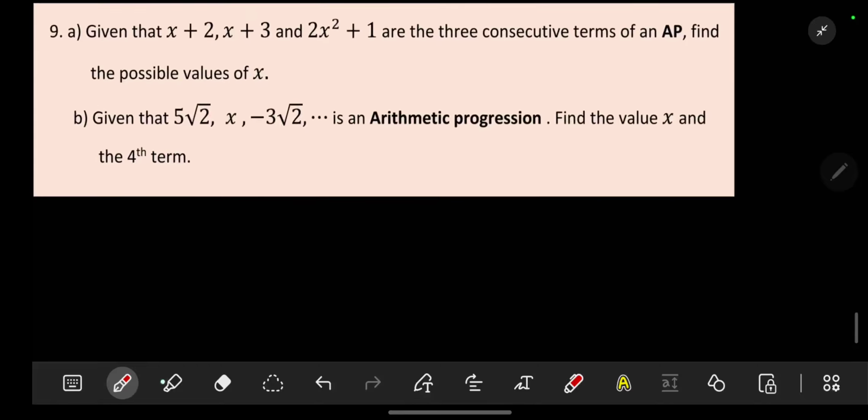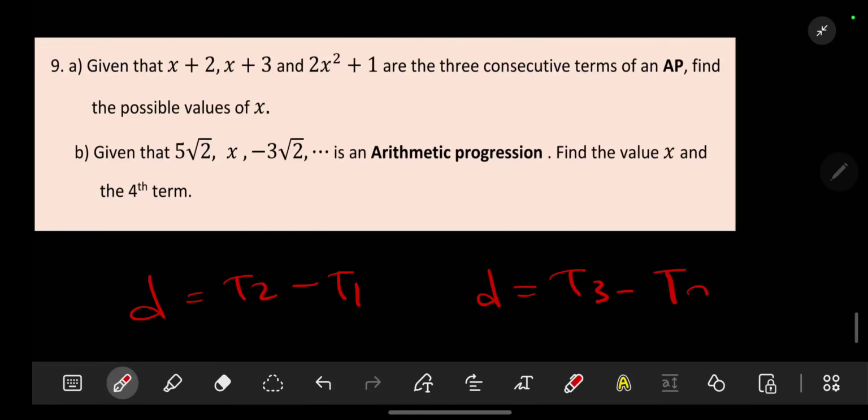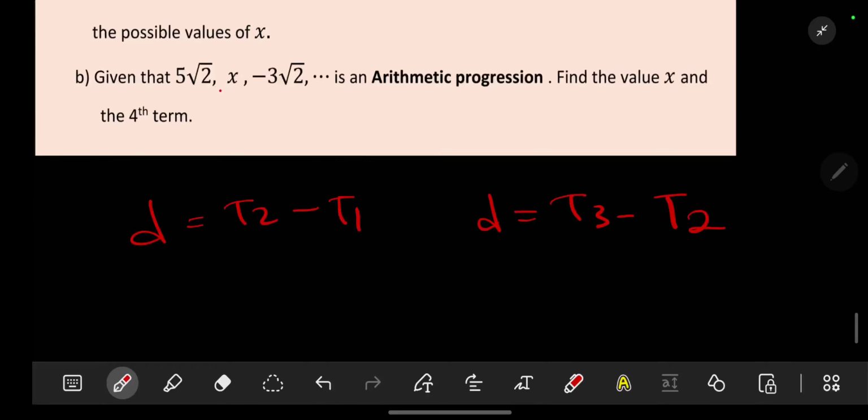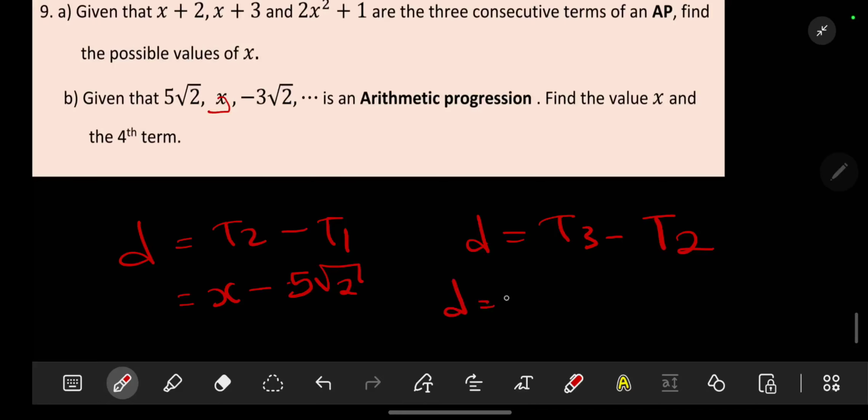We have this. So we are going to find our d is equal to term number 2 minus term number 1. Then we have another d, which is term number 3 minus term number 2. So for term number 2, we are going to subtract x minus the 5 root of 2. Then our d will be equal to the negative 3 root of 2 minus term number 2, which is equal to x.